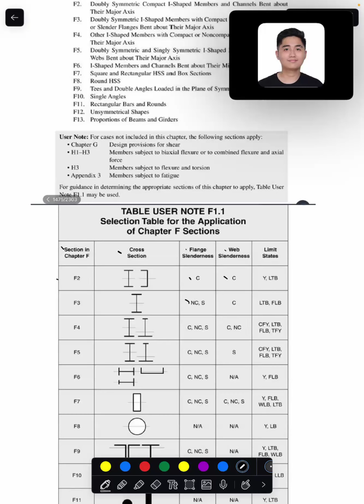Here, you have compact, non-compact, and slender. When we say compact here, essentially plastic yielding will govern. When you say non-compact, you have inelastic buckling. And when you say slender, elastic buckling.